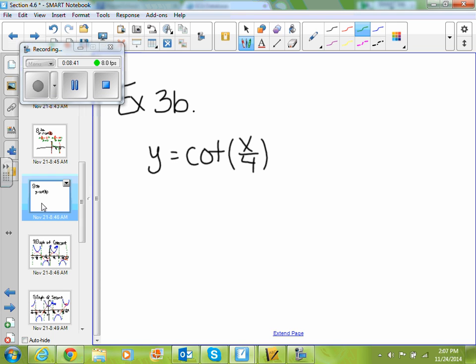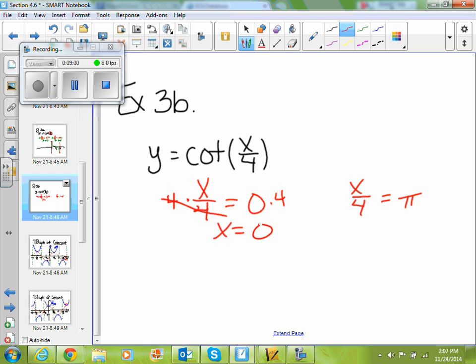Alright, if we do another cotangent graph, we're given cotangent of x/4, so I know x/4 has to equal 0, and x/4 has to equal pi to form my endpoints. So then if I multiply by 4, I get x equals 0 for my first endpoint, and x equals 4 pi for my second endpoint.